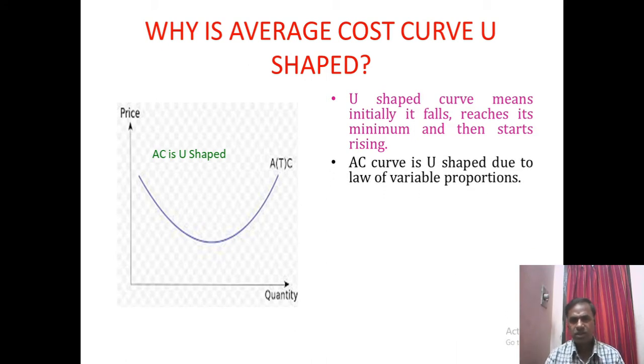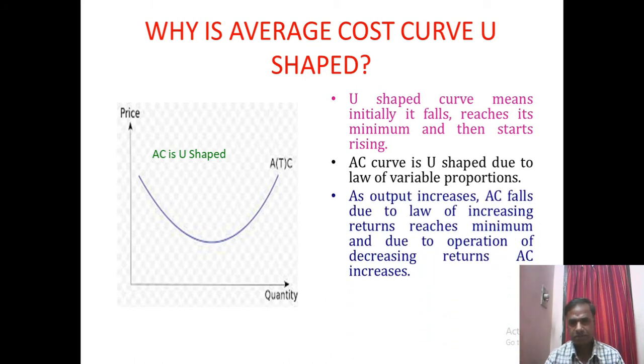The AC curve is U-shaped due to the law of variable proportions. The basis of the U-shaped AC curve is the law of variable proportions that we studied. According to the law of variable proportions, there are three phases. Firstly, the total product increases at increasing rate, then increases at decreasing rate. Lastly, the total product or output diminishes.